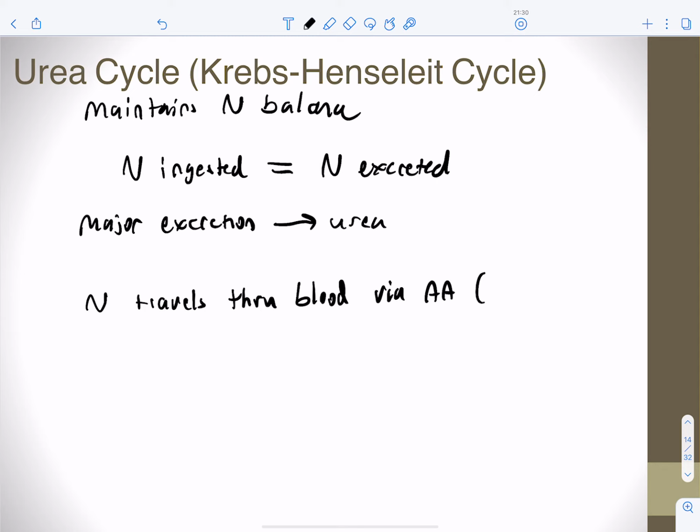So you have acetyl-CoA plus glutamate, and N-acetylglutamate is made. This is called NAG. And the enzyme that makes NAG is N-acetylglutamate synthase.